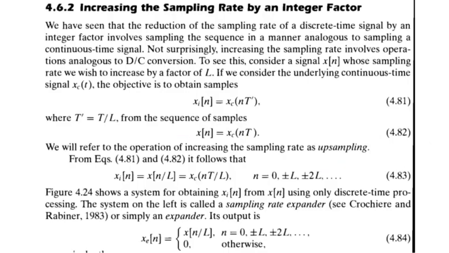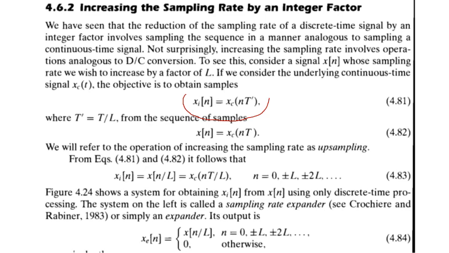So here we want to increase the sampling rate by an integer factor. One thing to note is that we are using an integer factor. In the previous two examples we used 2 and 3 to downsample. Here we use an integer number to increase the sampling rate. So this is the definition of interpolation or upsampling.